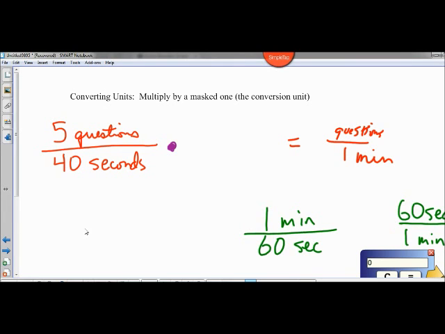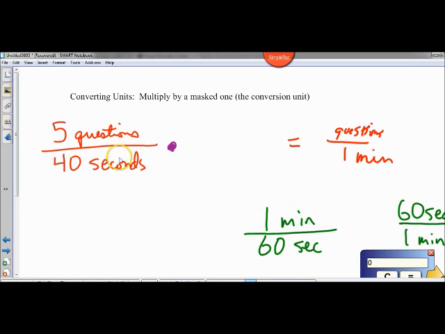We know that there are 60 seconds to a minute, so sometimes I multiply and sometimes I divide when I'm changing. And so which way is it? I can guess, and a lot of times I'd be right, but I don't want to ever be wrong. And so what I want to do is come up with a theory or an idea of how to always make sure that we do it correctly.